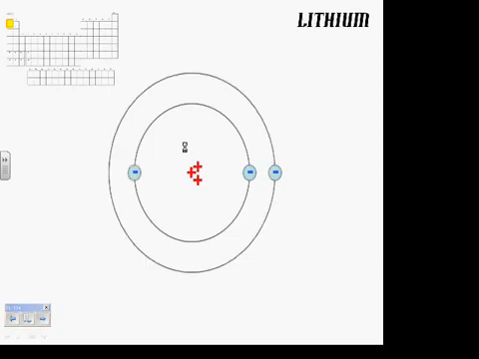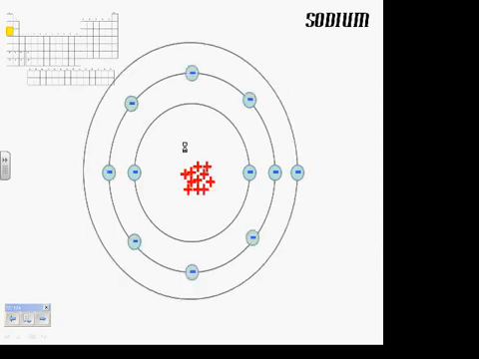As we go down from hydrogen to lithium, we've got now 3 electrons and 3 protons in the middle, but you can see we've started to fill the second energy level because we filled up the 1s and now we're on to the 2s. So we've got a bigger atom here because we've got another layer of electrons. And as we go down the next step to sodium, we see that the same thing happens again. We've filled up the 2s and the 2p underneath.